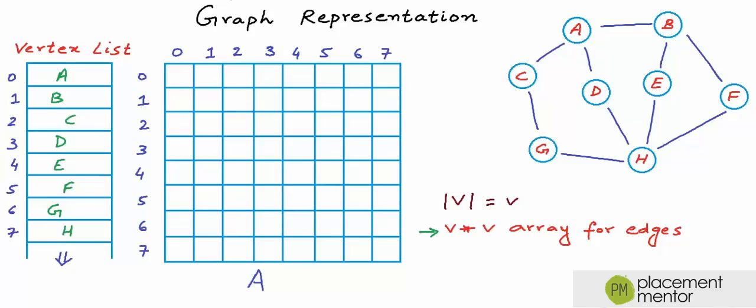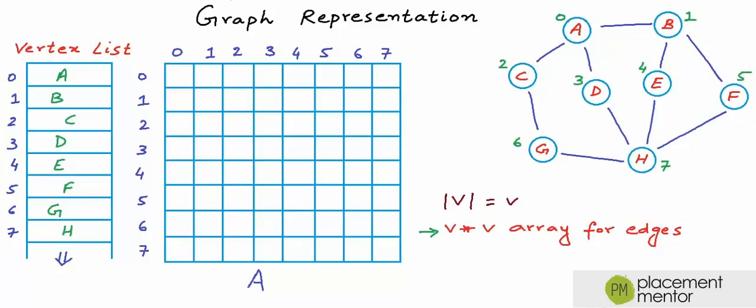And if we have a value or index between 0 and v minus 1 for each vertex, which we have here, if we are storing the vertices in a vertex list, then we have an index between 0 and v minus 1 for each vertex. We can say that A is the 0th node, B is the 1st node, C is the 2nd node, and so on.